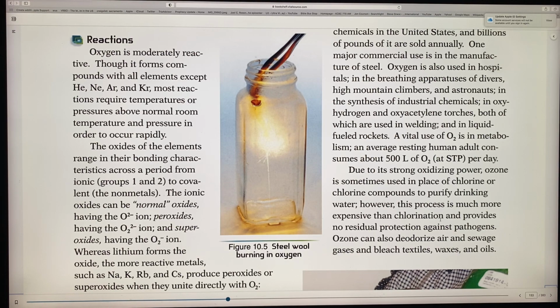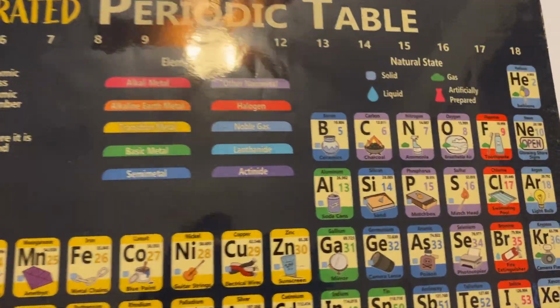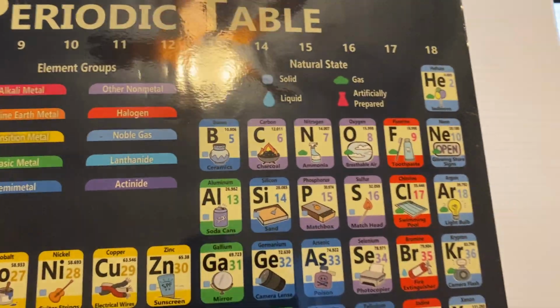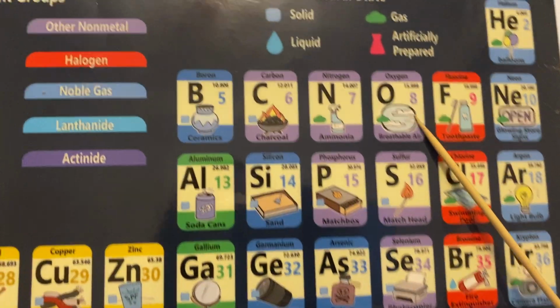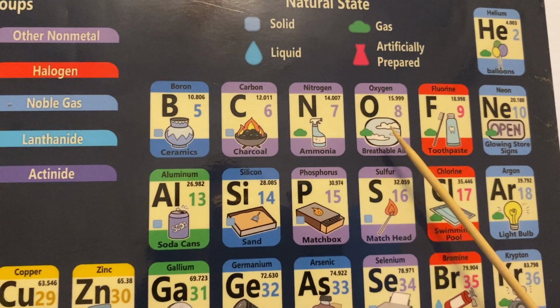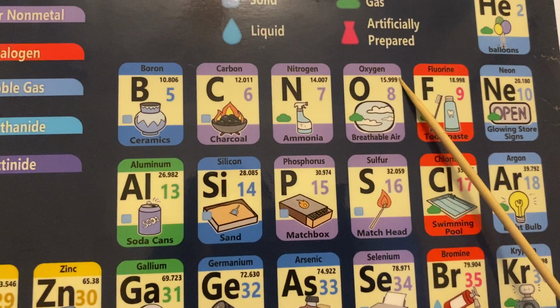If we take the periodic table here, let's go through it. I don't know if you can see this well here. Let's see where oxygen is. You see right here is oxygen. You'll see the atomic number being 8 here, and the atomic weight.